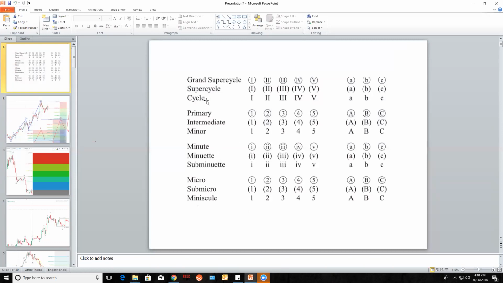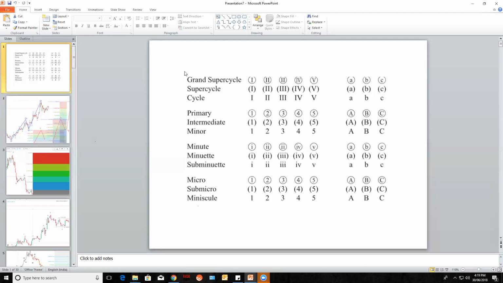Like that, yearly, 10 yearly, or 70 to 75 years. They use different nomenclature to name them. That's it. It's a very simple technique to name them. All the impulse waves are named as 1, 2, 3, 4, 5, and all the corrective phases are named as ABC. Okay. So we'll go further.